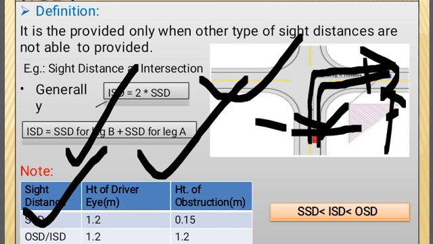Similarly, for overtaking sight distance and intermediate sight distance, the height of the driver is considered as 1.2 meter above the road surface, and the height of the obstruction is also considered as 1.2 meter.